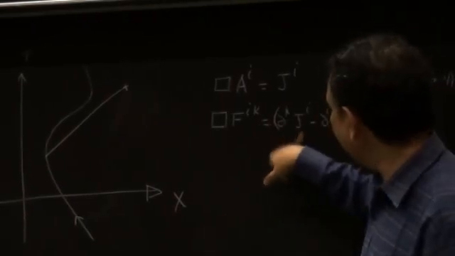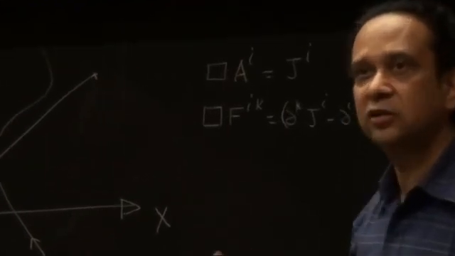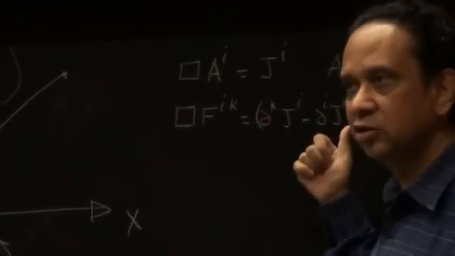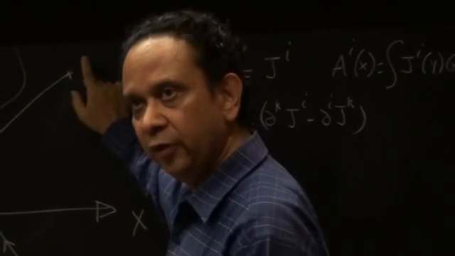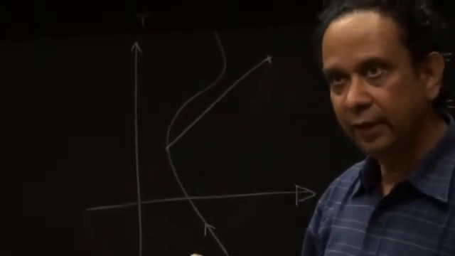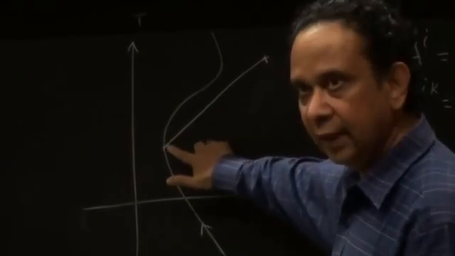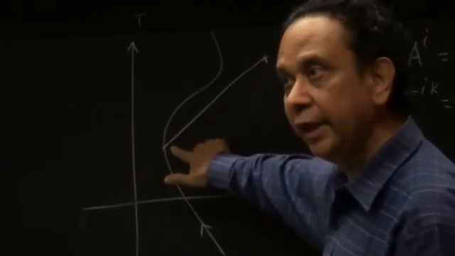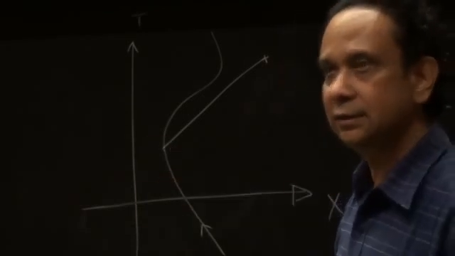So on the right hand side, I have derivative of J. J at most has velocity. So this at most has acceleration, but no further derivatives. Therefore, the field at this point for an arbitrarily moving charged particle can be determined if I know the position, velocity and acceleration at this point. I don't need to know the derivative of the acceleration. Then I am in business.